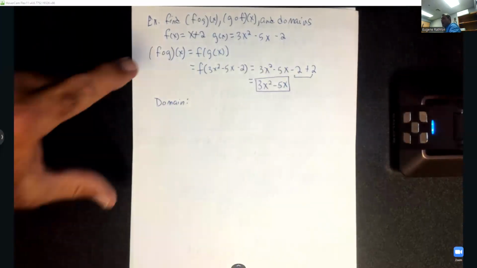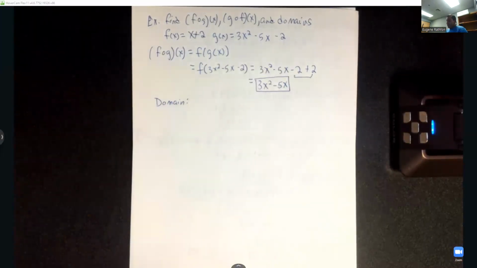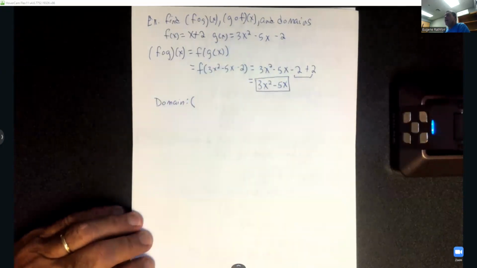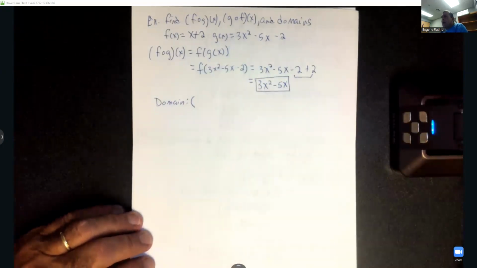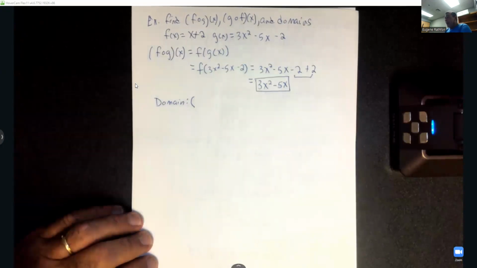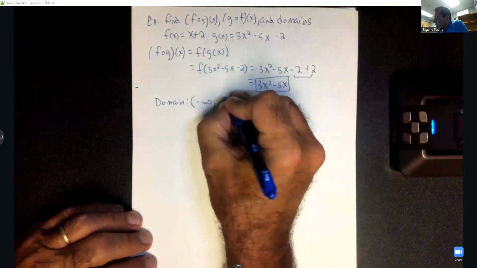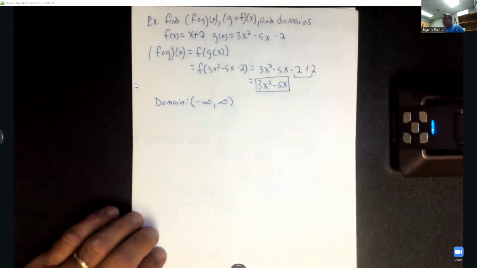So how about the domain for that f of g? Okay, Greg, good job. Negative infinity to positive infinity. So no fractions once again.